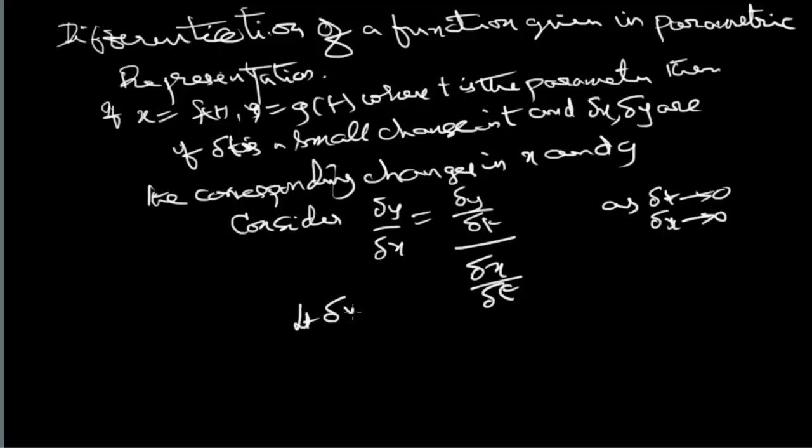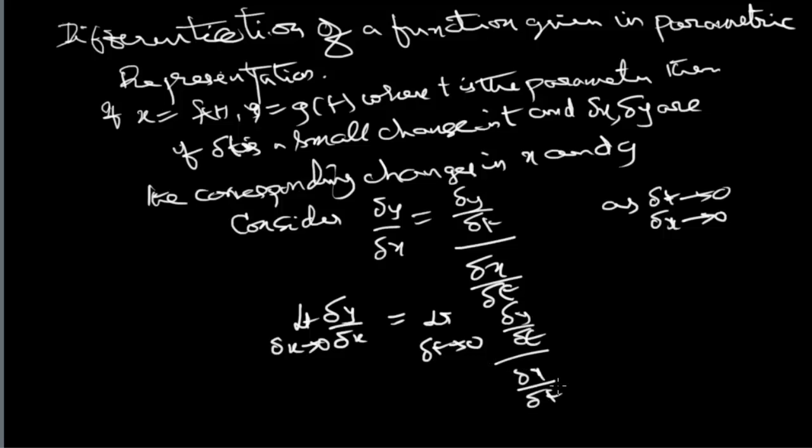Limit delta y by delta x tending to 0 on the left hand side, whereas on the right hand side, without loss of generality, you can take limit delta t tends to 0, because delta x tends to 0, delta t tends to 0. So delta y by delta t divided by delta x by delta t.